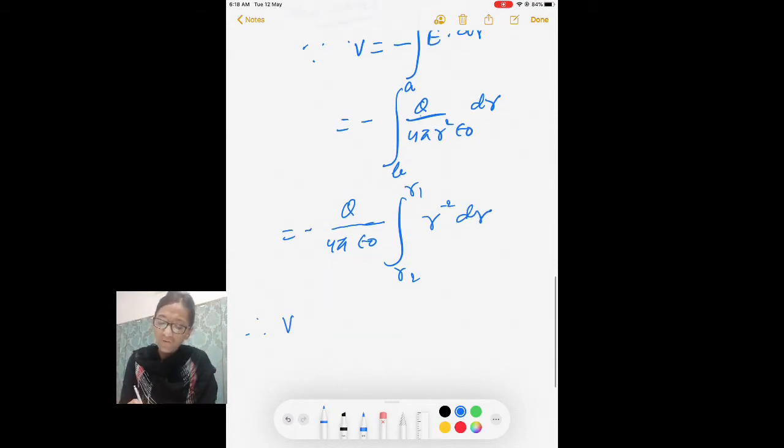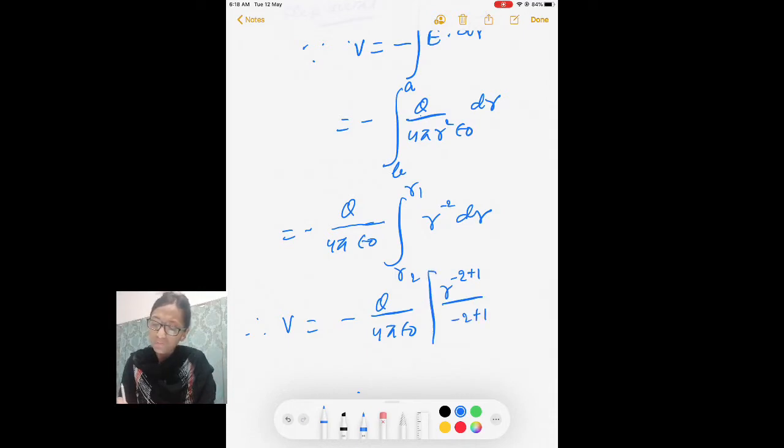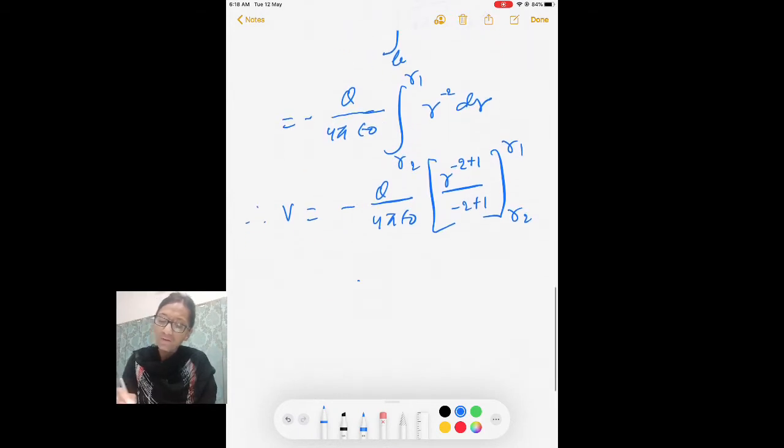Therefore potential V is equal to minus Q upon 4 pi epsilon naught times r power minus 1, because it is minus 2 plus 1 divided by minus 2 plus 1, under limit R2 to R1.